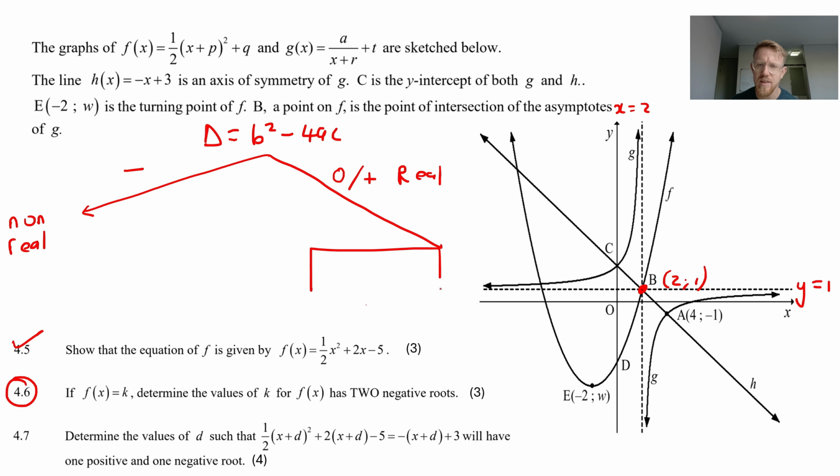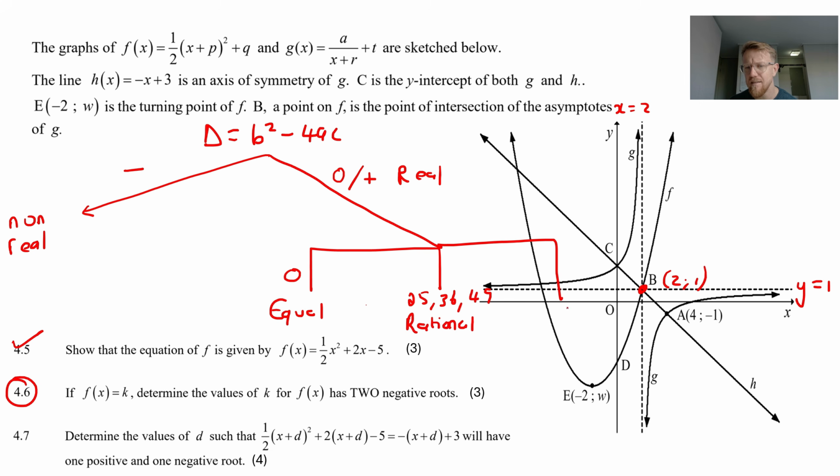And inside of that, we've got 3 different categories. If it's a 0, we call it equal roots. If it's a perfect square, like 25, 36, 49, we call it rational.